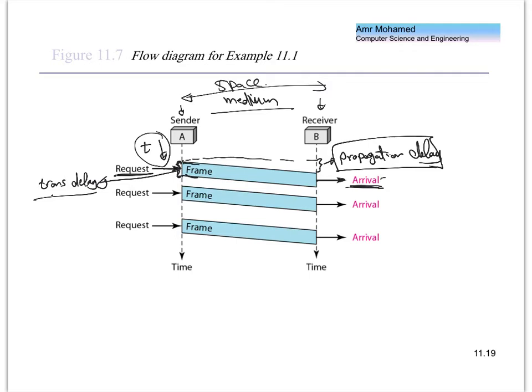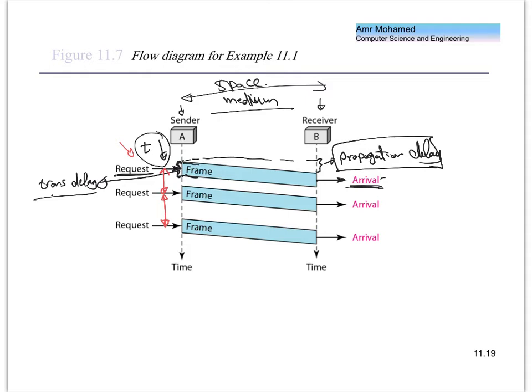Another thing here that we have to pay attention to. Here we have a specific time interval between these frames. This time interval is controlled by what? Or this event happens how often?